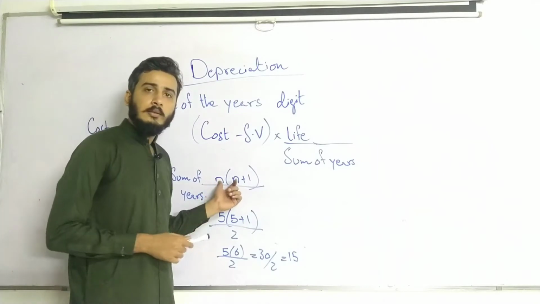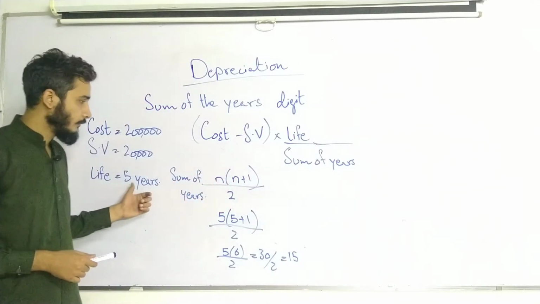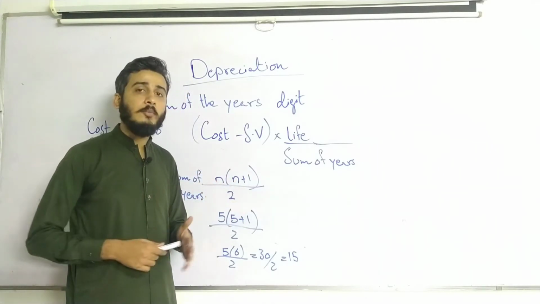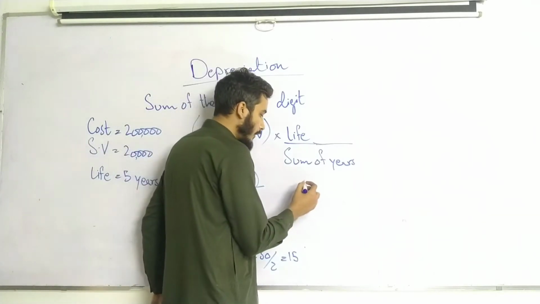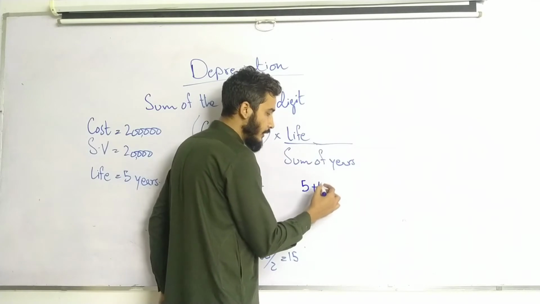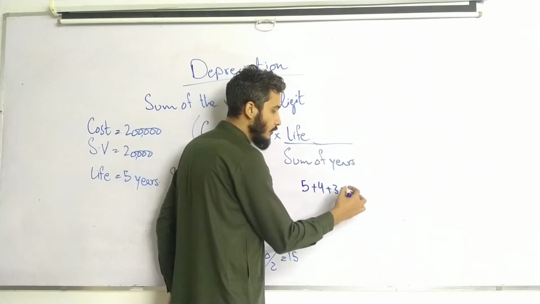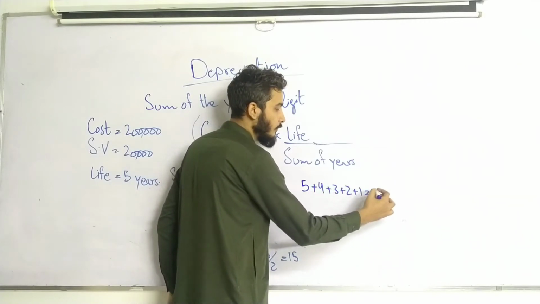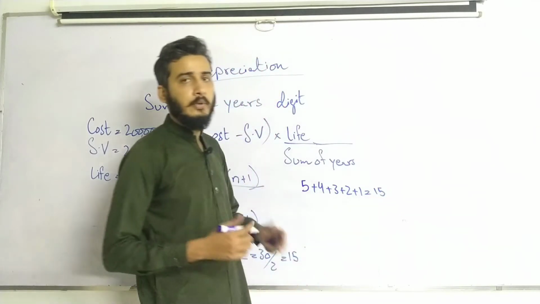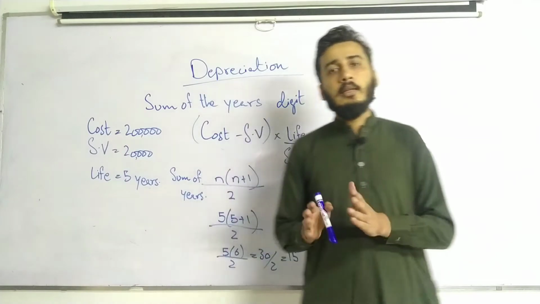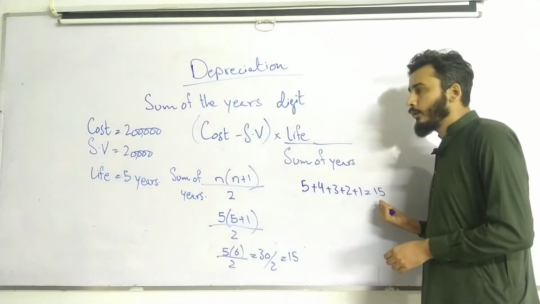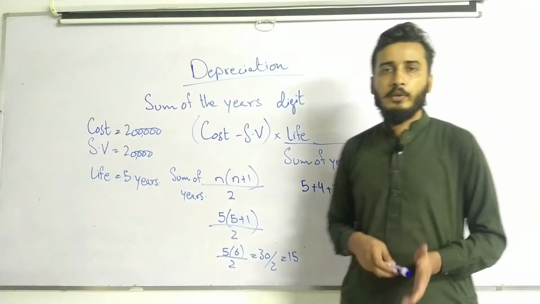N denotes the number of years, and this is the formula to calculate, or else you can find it in another way, that 5 plus 4 plus 3 plus 2 and 1. So in this way you can find it as well. Whatever the life of a machine is, just start adding it till 1 and you'll get the sum of years.